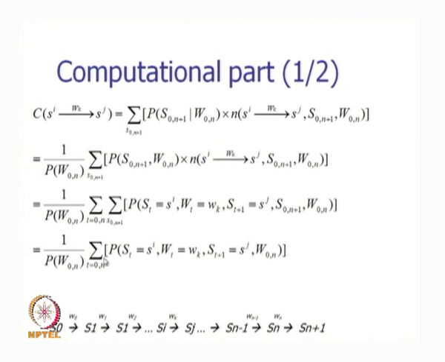And having dropped it, we have the probability expression here with source state S_i at the tth location, the (t+1)th state is S_j, the tth observation symbol is W_k, and the whole observation sequence is W_0 to n, and we have a multiplying factor of 1 by P(W_0 to n).